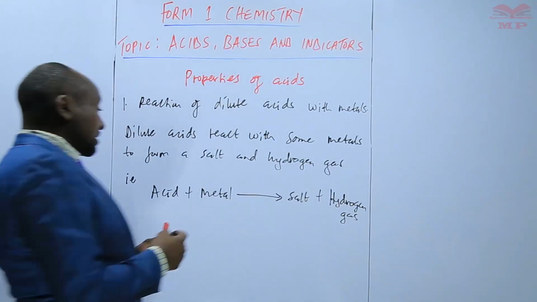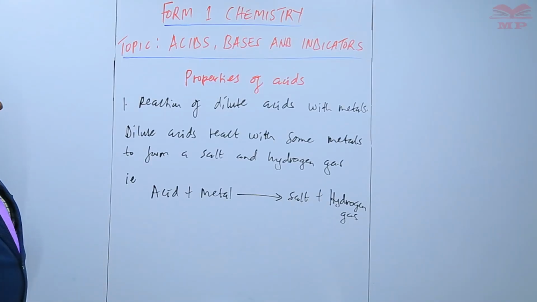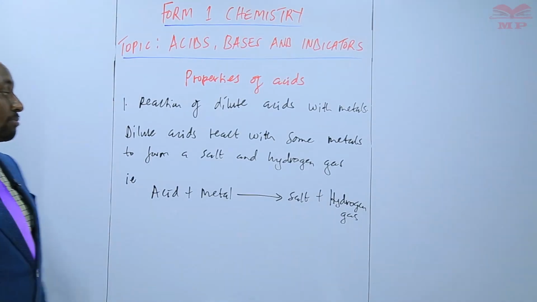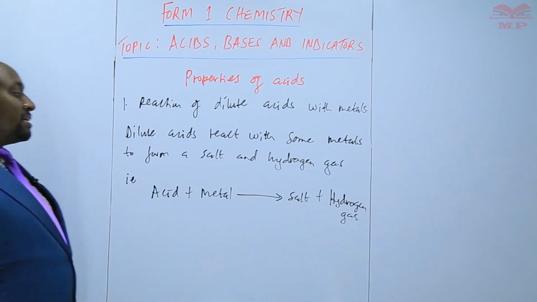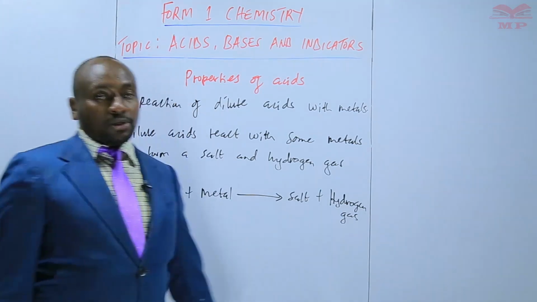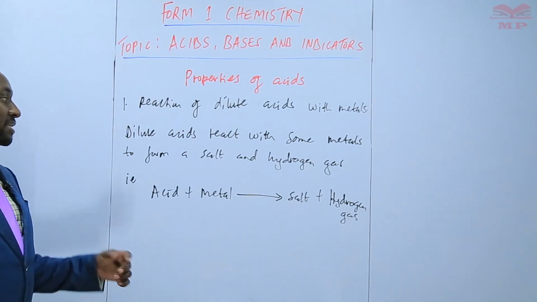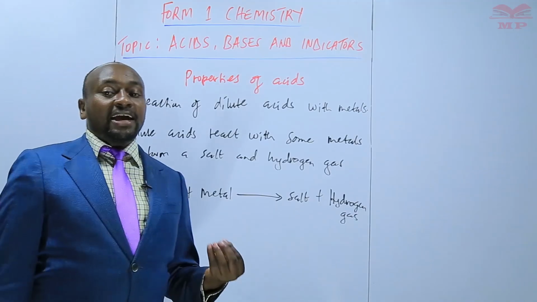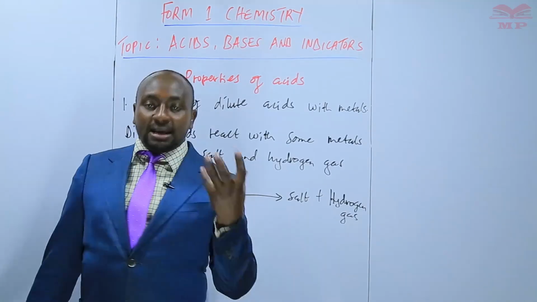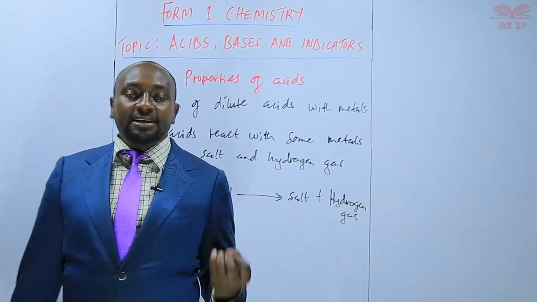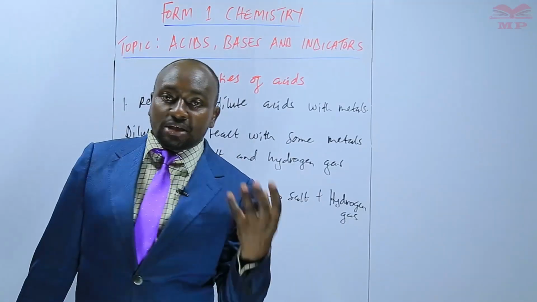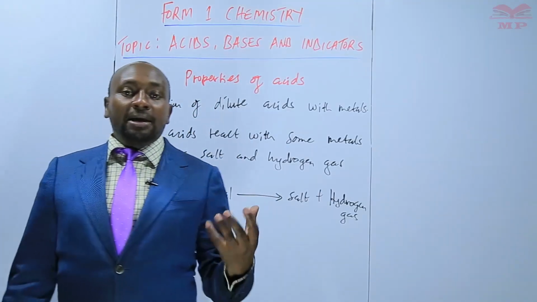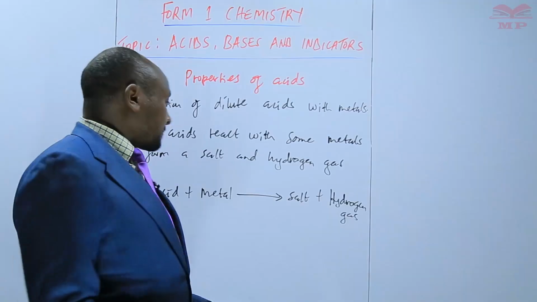So what we are saying basically is that when dilute acids react with metals, there must be hydrogen gas produced. And that's why when this reaction is taking place, there is effervescence, there is bubbling that is seen because there is a gas being formed. So that bubbling is what you call effervescence.